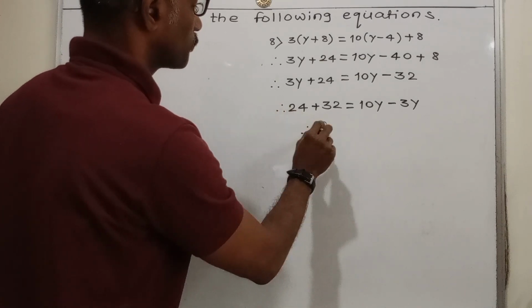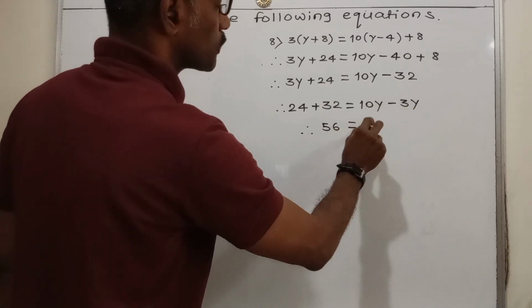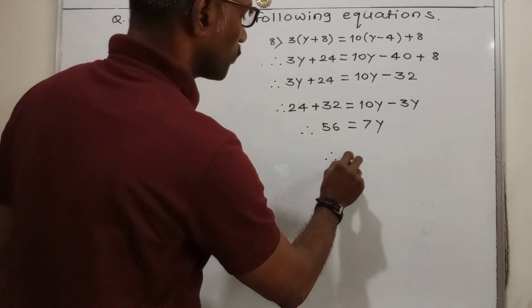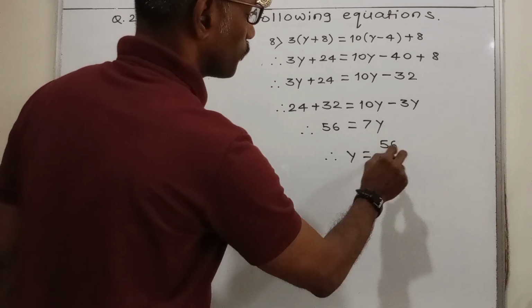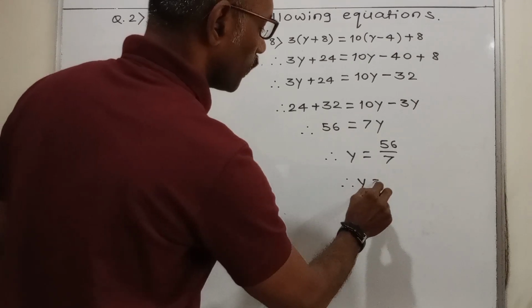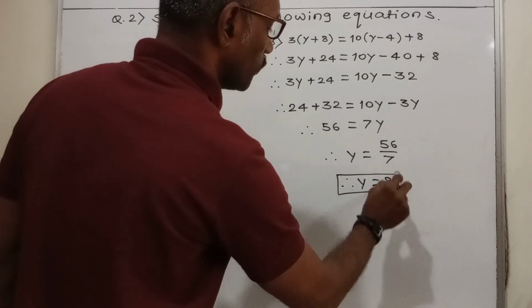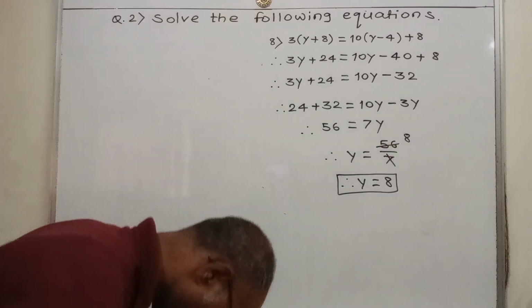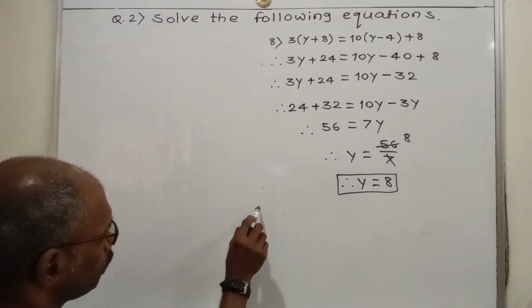Therefore, 56 is equal to subtraction, 7y. Therefore, y is equal to 56 upon 7. Therefore, y is equal to 8. Did you get it? Very simple ideas are there. Still you don't know.